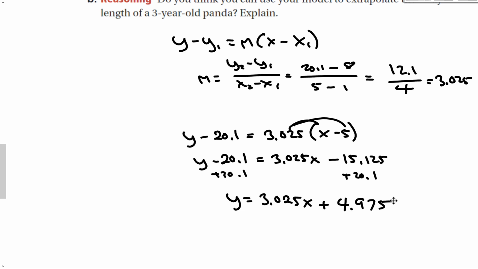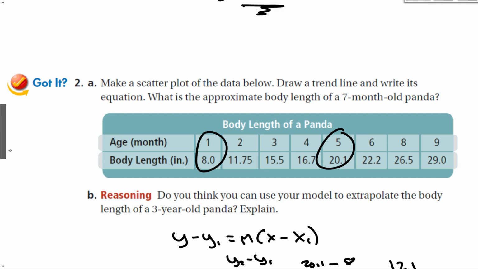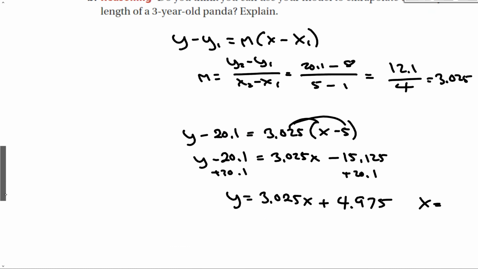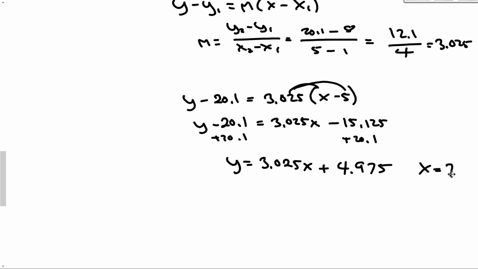Okay, x in this case is going to be equal to 7, and I know it's going to be somewhere in between here. Okay, so let's hope we did this right, which I'm pretty sure we did. So x is 7, so y is going to be equal to 3.025 times 7 plus 4.975.